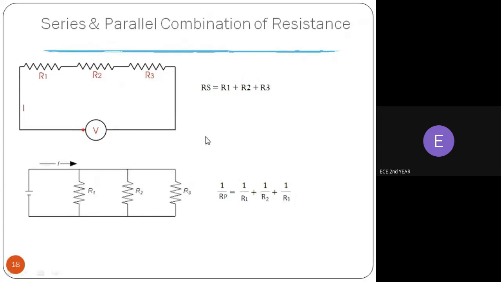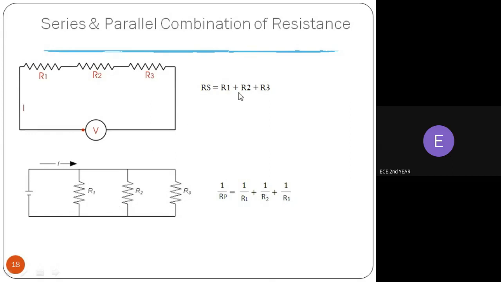One more thing in the series combination. In the series combination, the current flowing through R1, R2, R3 is the same, and in the parallel combination the voltage across R1, R2, R3 is the same.